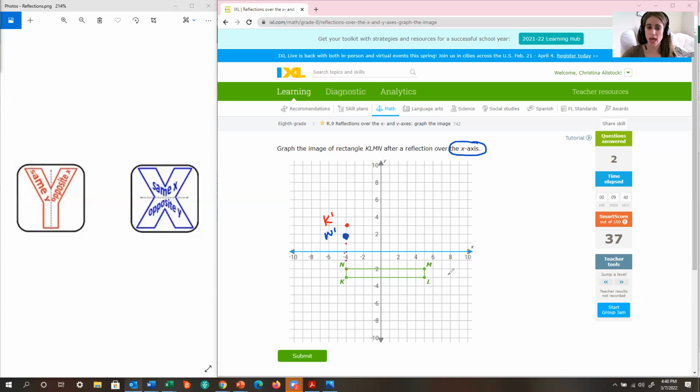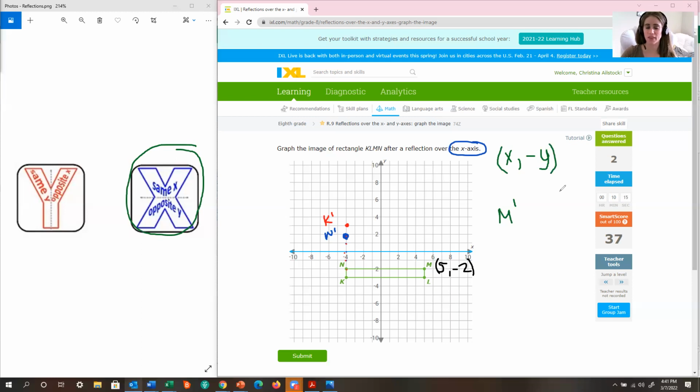Now for M and L, let's use our rule. Let's use what you would do if you didn't have a graph. In order to do that, we need to know where those points currently are located. So M is currently located at (5, -2). To get M prime, since I am reflecting it across the x-axis, our x value stays the same and we have the opposite y.